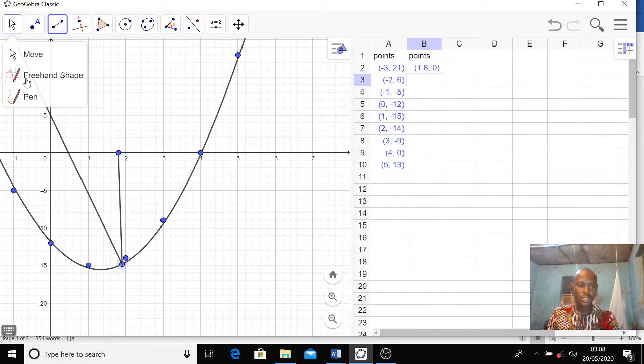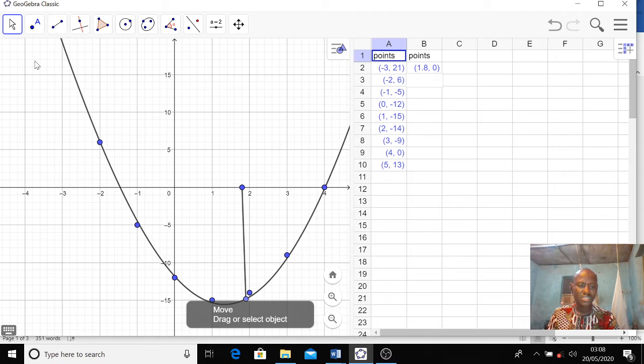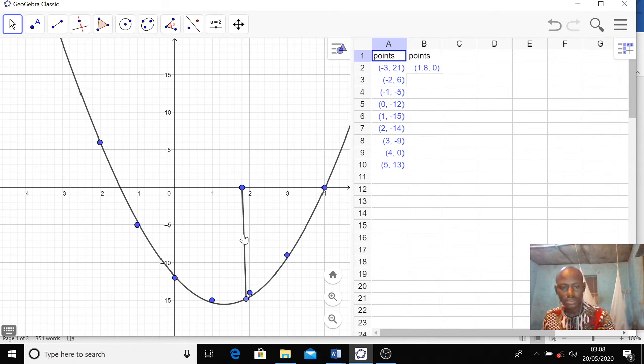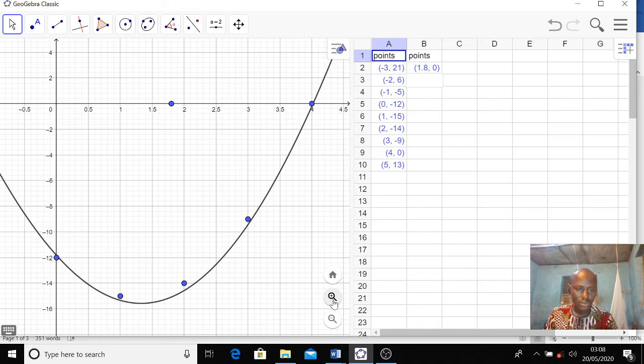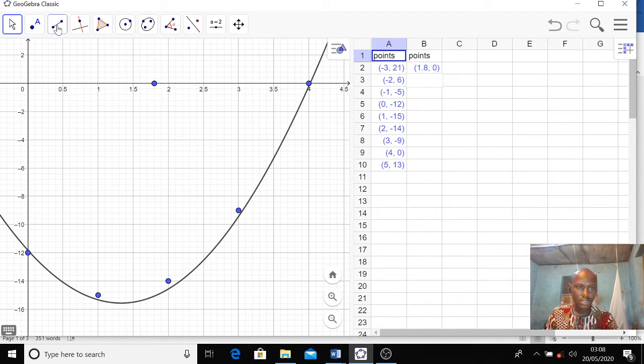Anyway, it must be straight. So we can just zoom in properly so that you're able to sketch it. You can see. I think it's okay.